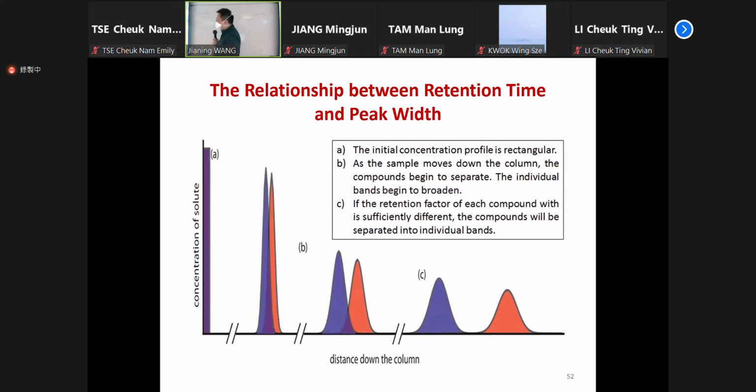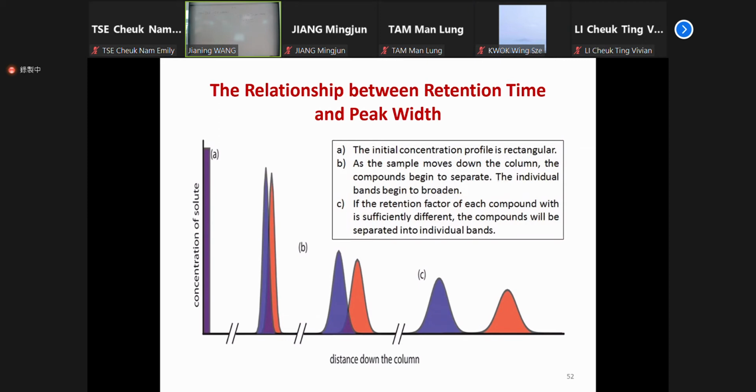Because along with the separation we have band broadening, and the quantity of the solute is fixed, so the area is fixed.